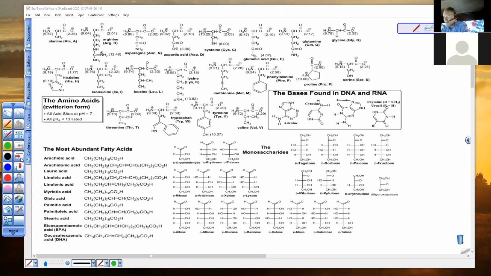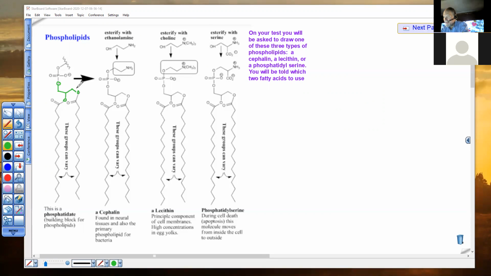And please remember to make sure those 2 esters are at the end and the phosphate ester is on the other end. Don't put the phosphate ester in the middle. That's not how these molecules are assembled in biology. So remember, phosphate esters on the end of the 3-carbon glycerol backbone.